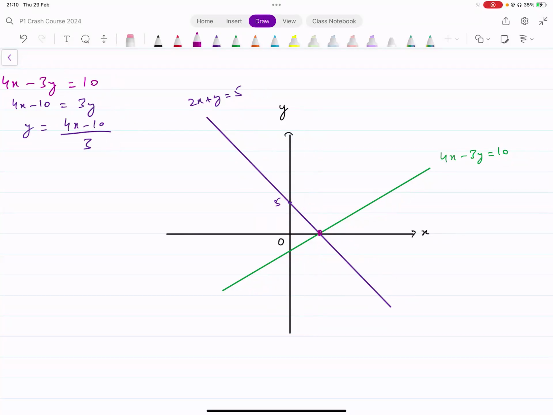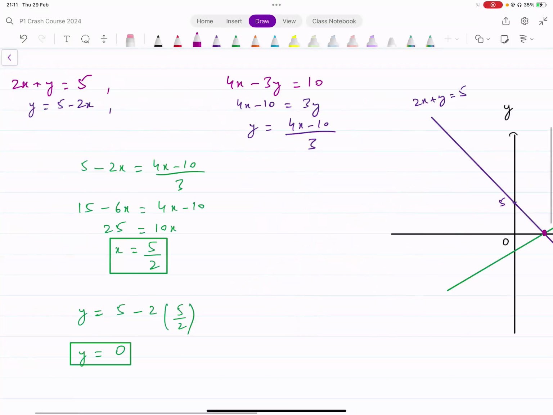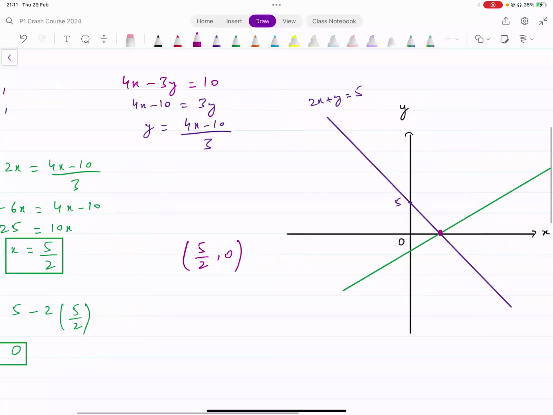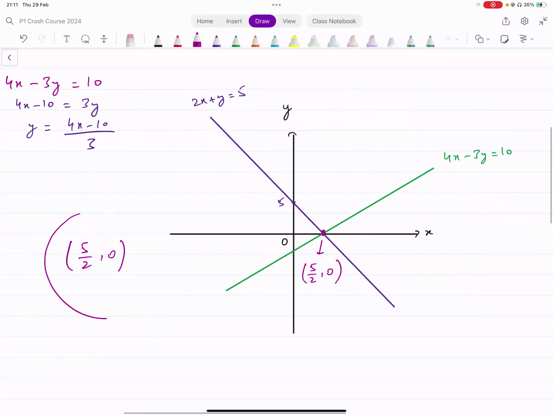This is their point of intersection. This point of intersection is 5/2 and 0. This is the point of intersection, 5/2 and 0.